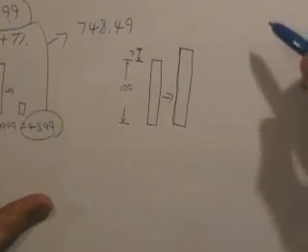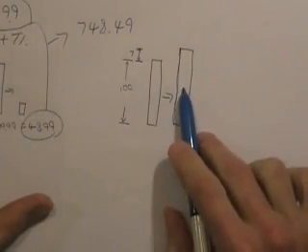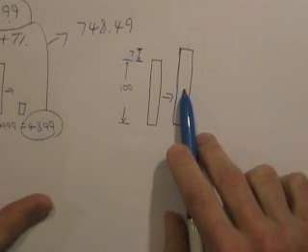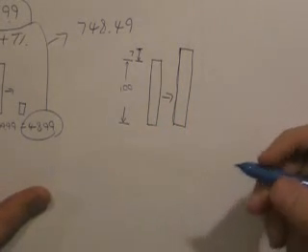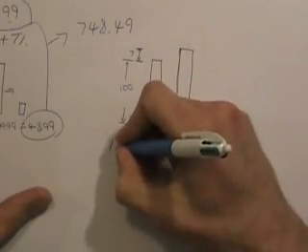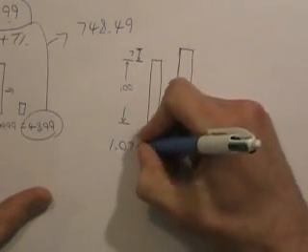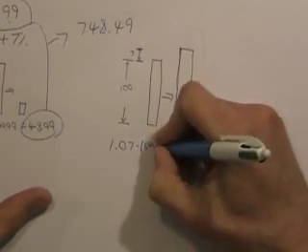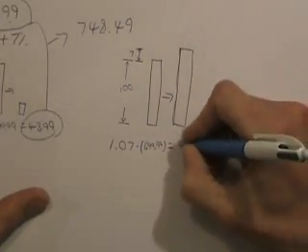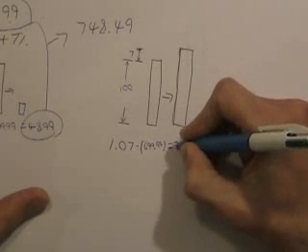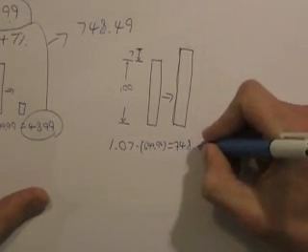So what you want is, the final number is going to be 107% of the old number. So that's how you figure out what to multiply by. It's going to be 1.07 times the $699.99. And if you do that directly, you will get your $748.49.